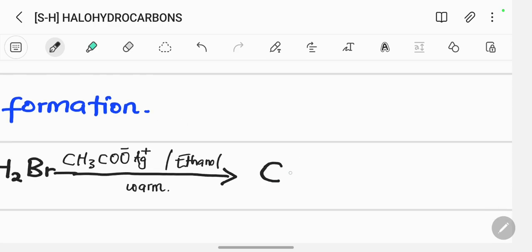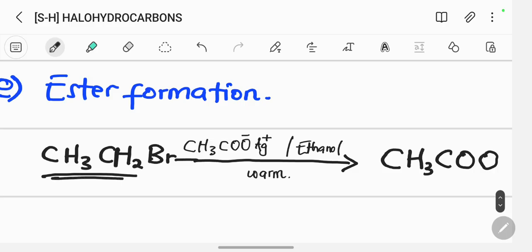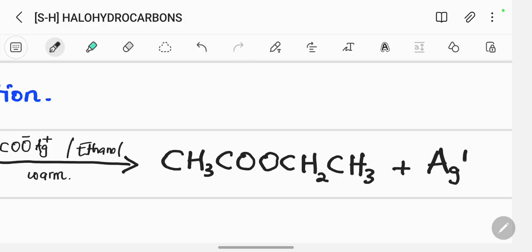You end up with CH3, or so where there was silver, I'm going to add these two to make it CH2CH3 plus silver bromide.